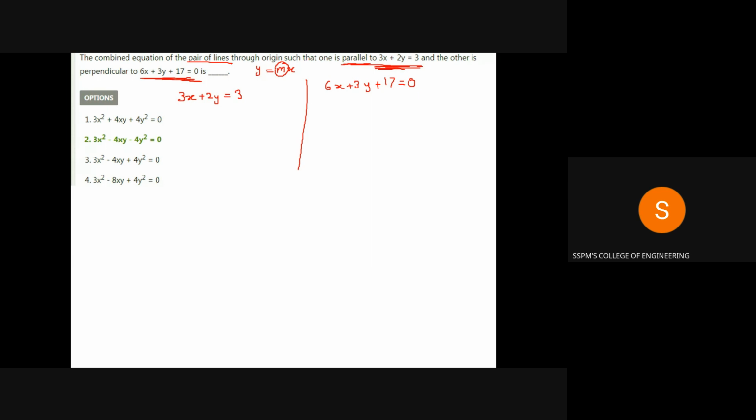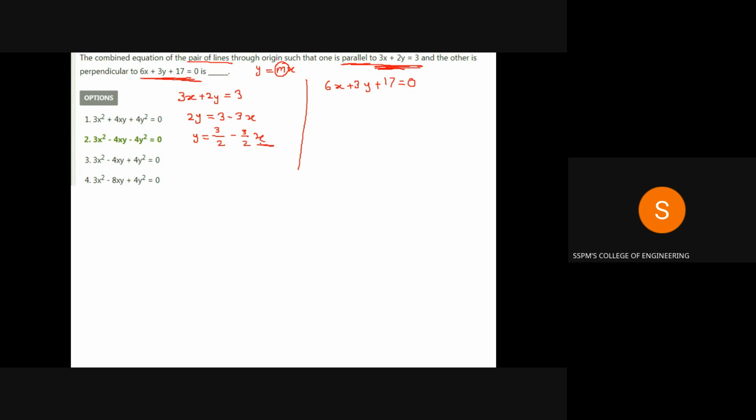So for this line, we can take this 3x on the right hand side, so 2y is equal to 3 minus 3x, and we will divide this equation by 2, therefore y is equal to 3 by 2 minus 3 by 2 x. Remember, what is slope? Slope is the coefficient of x.